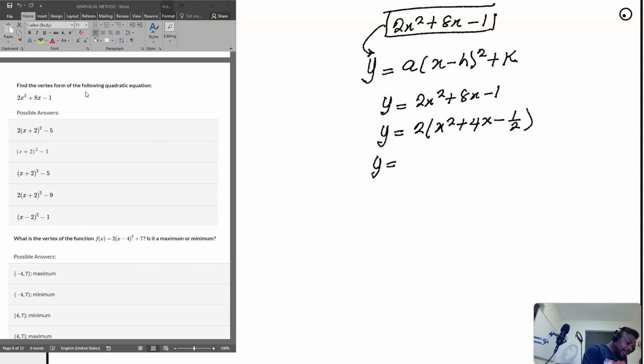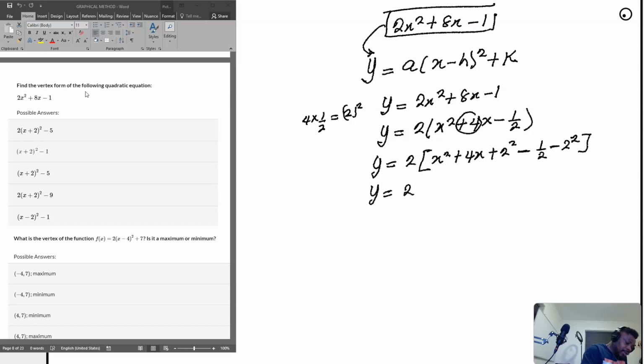Then you will have this one. So 4 times half, that is 2, then you square it. So x squared plus 4x plus 2 squared minus 1 over 2, then minus 2 squared.